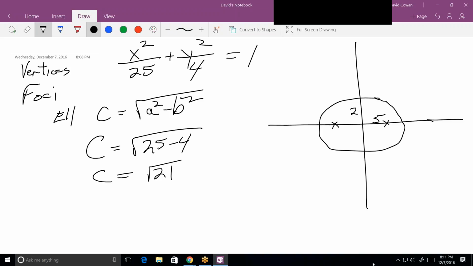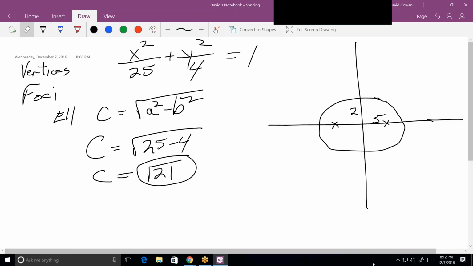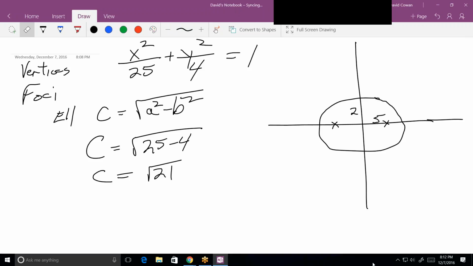If you give a decimal answer for that, you're giving an approximation. If you want the exact distance, you have to write square root of 21. And that's why they leave everything in radical format, because they want exact precision. Mathematics is about precision. It's not about rounding off to something.